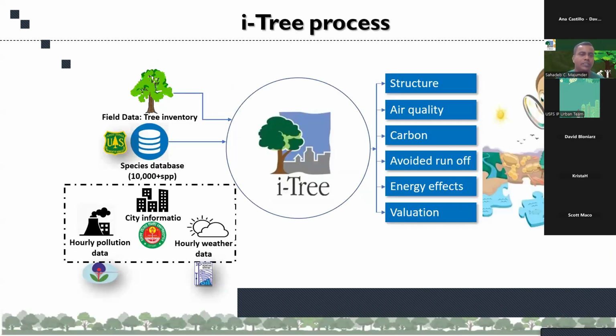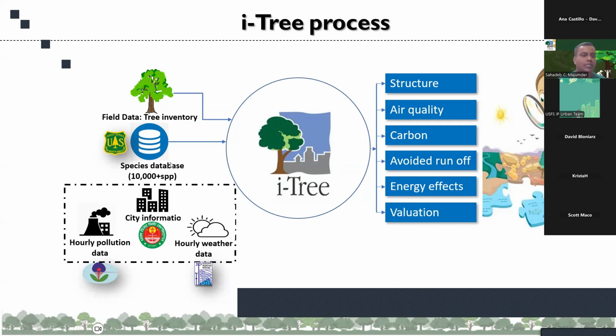In the i-Tree process, as you already know, if I get a glimpse at a glance, the tree inventory data that we receive from the field, then the species data already available in the database, and those which are not available in the database, we submitted to the i-Tree database for additional species inclusion.